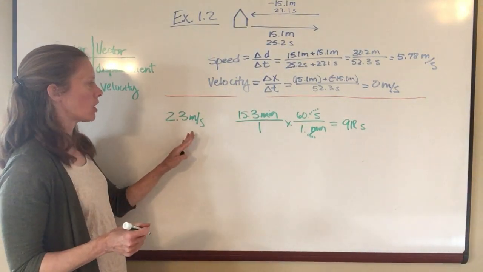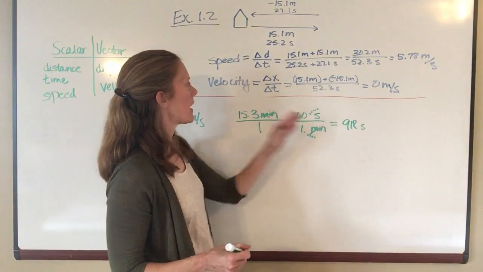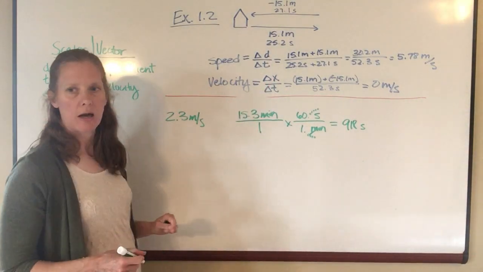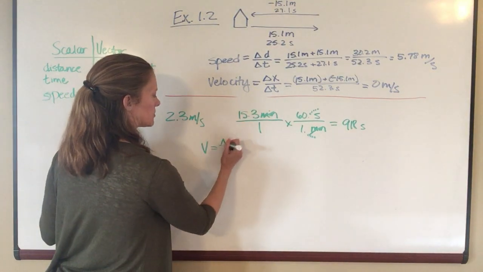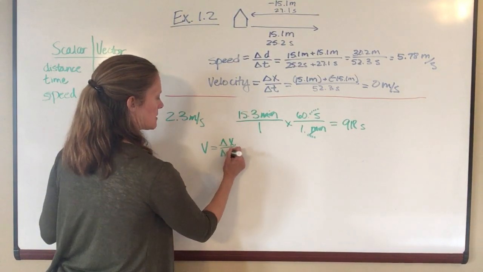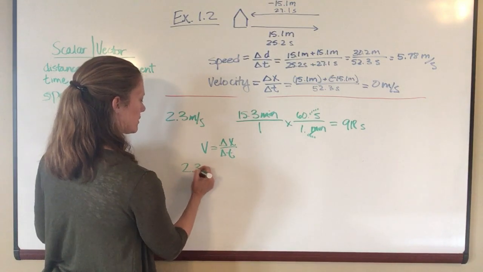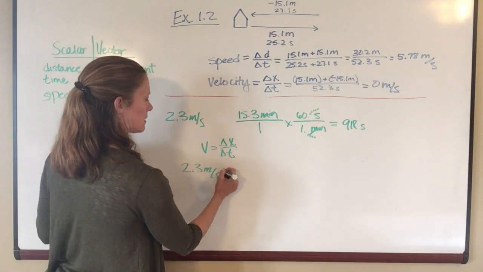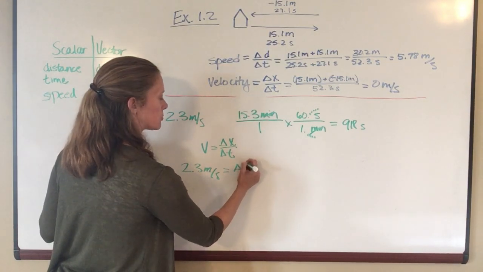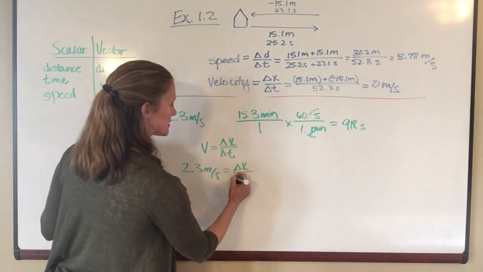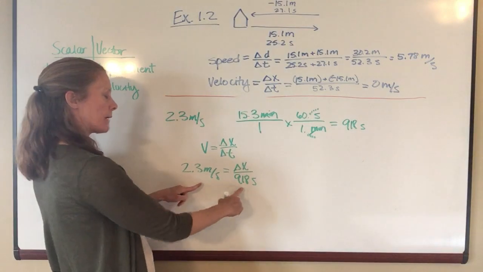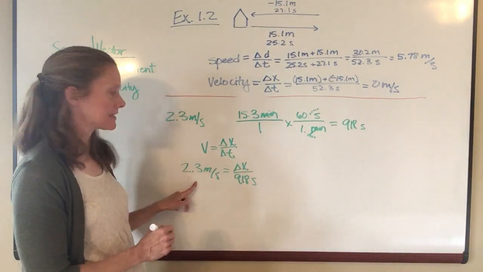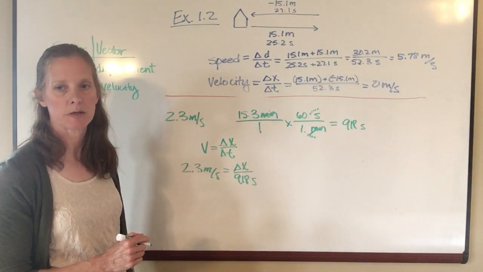Now, because I know a velocity and a time, I can then use algebra to calculate my displacement. So if velocity equals delta x over delta t, the velocity is 2.3 meters per second. The displacement's what I'm trying to find, and the time is 918 seconds. So if I multiply both sides by 918 seconds, I'll end up with my displacement.